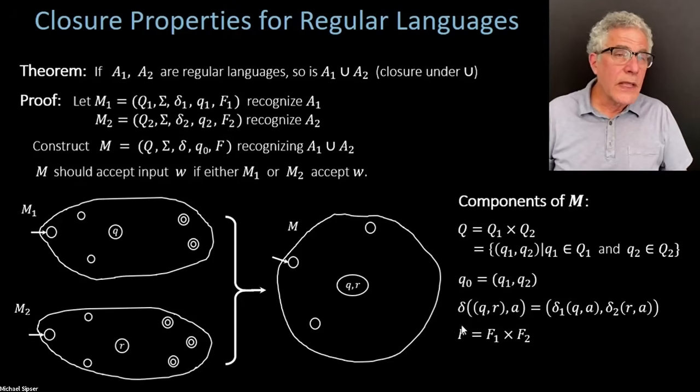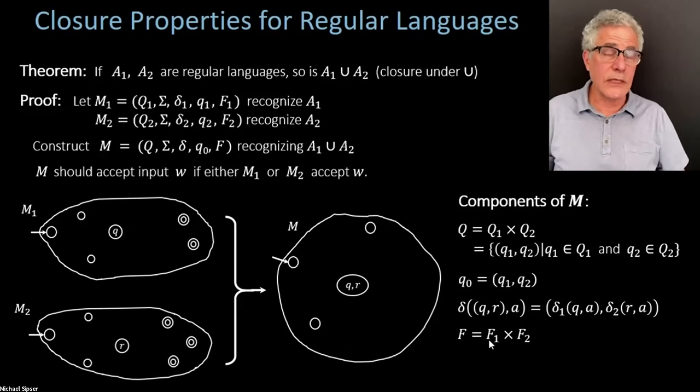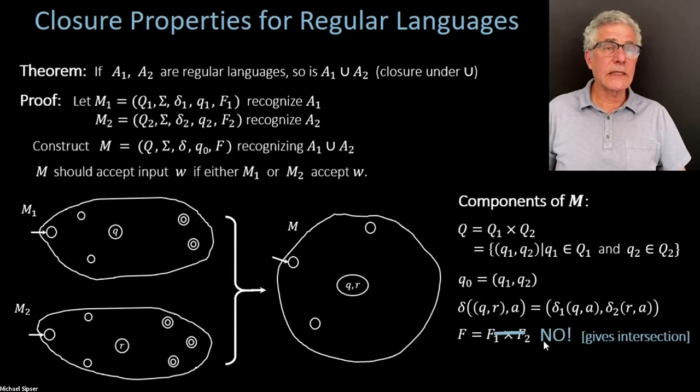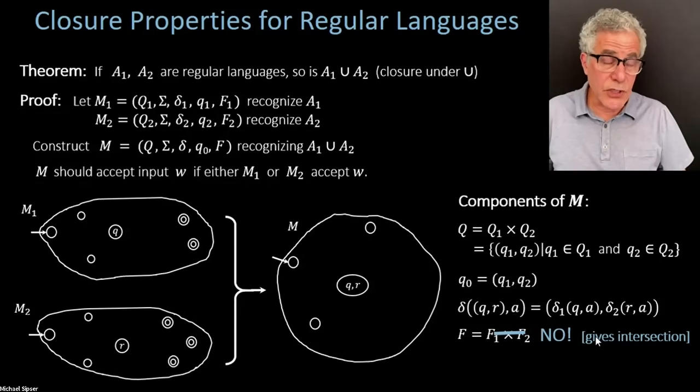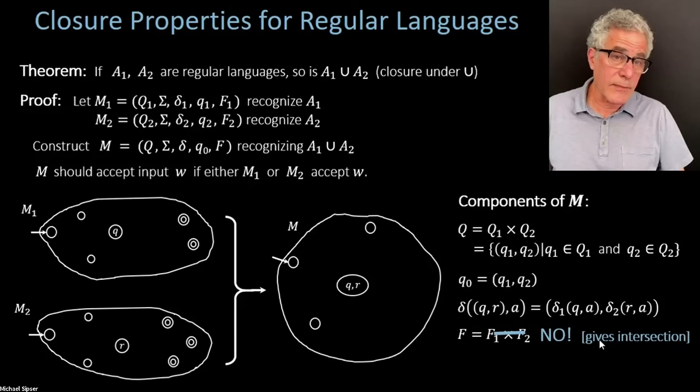Anyway, this is actually not right, because if you think about what this is saying, it says that both components have to be accepting, and you want either one to be accepting. So this is not good. This would be the wrong way of defining it. That actually gives the intersection language, and really along the way, it's proving closure under intersection, which we don't care about, but might be useful to have in our back pocket sometime in the future.